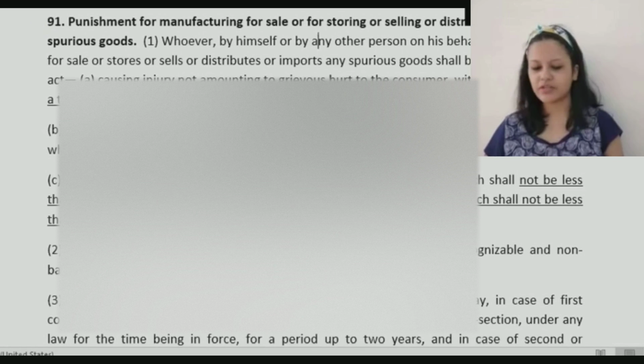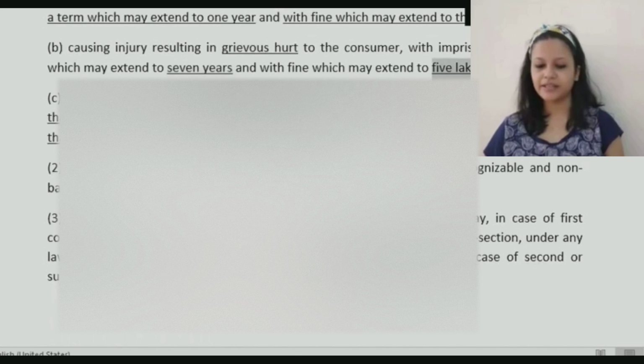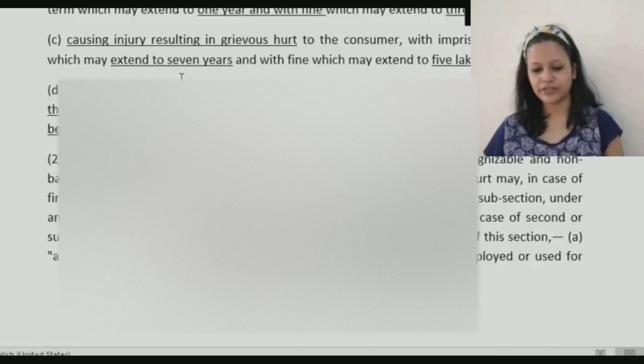Causing injury resulting in grievous hurt to the consumer, imprisonment for up to 7 years, or with fine which may extend up to 5 lakh rupees. And if it has resulted in death, it should not be less than 7 years, but may extend to imprisonment for life, or with fine up to 10 lakh rupees. So it is basically the same as the previous provision. If death is caused, minimum 7 years, maximum life imprisonment, or fine up to 10 lakh rupees.